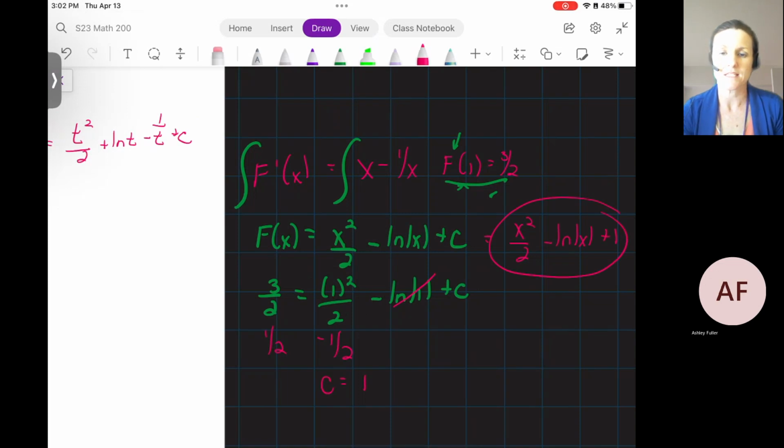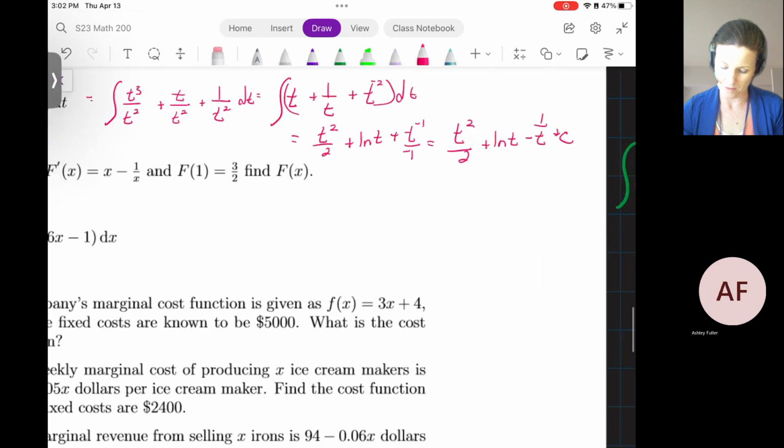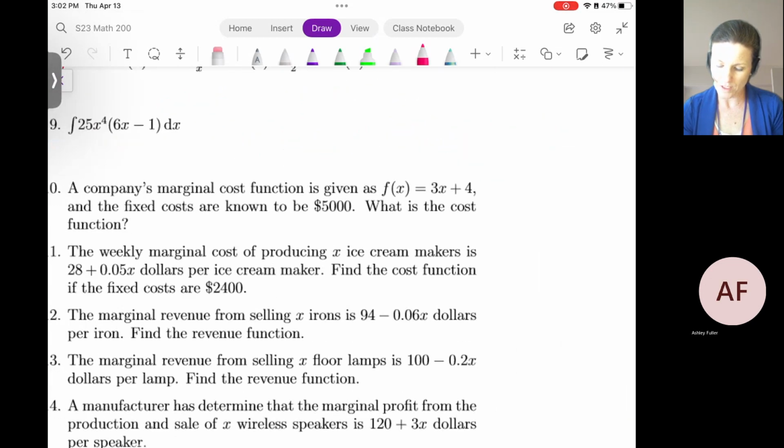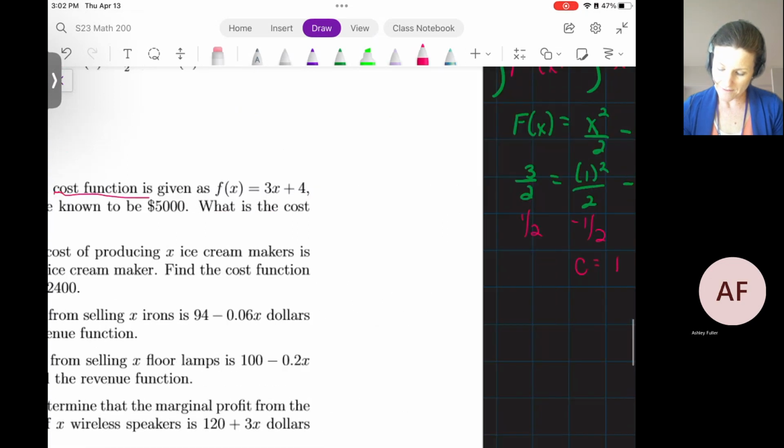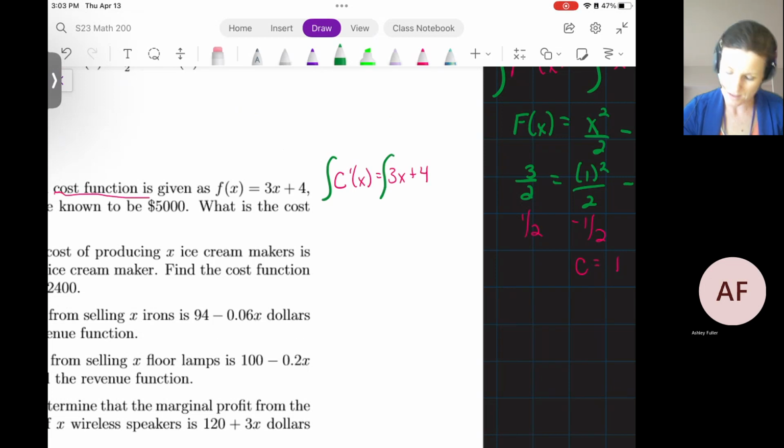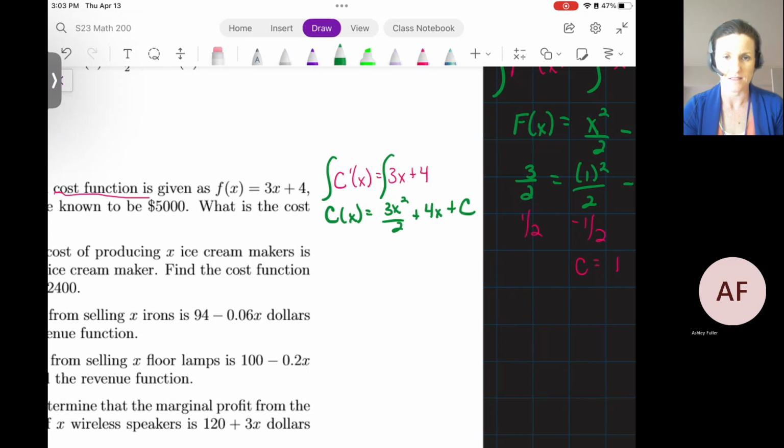This comes in handy when we're dealing with real-world problems. For example, here, we know the marginal cost is given by the following function. You have to know that marginal cost is actually the derivative of the cost function. In order to find the actual cost function, we'll simply integrate both sides, resulting in C of x equal to 3x squared over 2 plus 4x plus some constant.